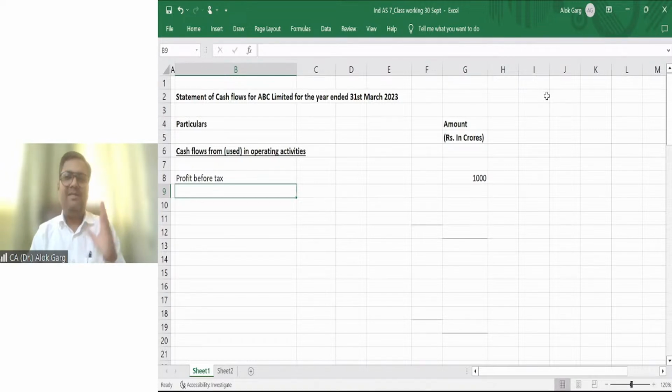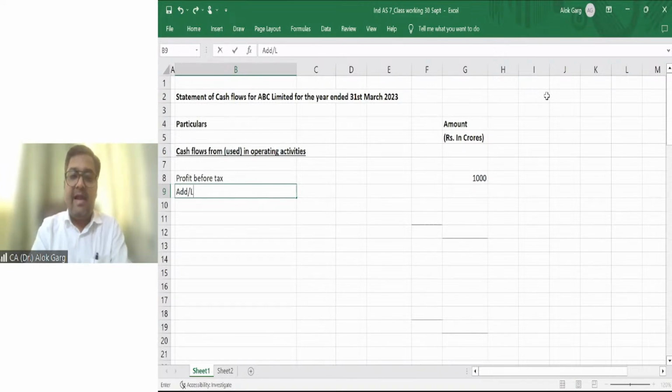I'm sure everyone has seen that line item in the statement of profit and loss. So friends, in this profit before tax, we have to add or less non-cash items.